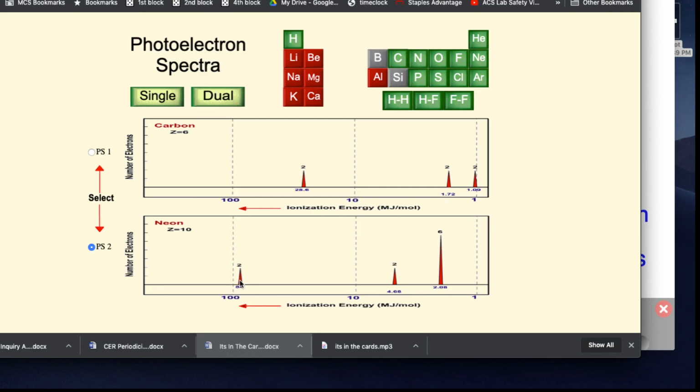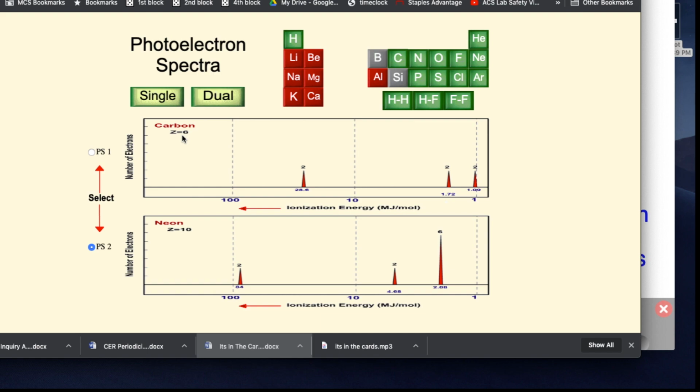Yes, it has 2 electrons in it, but can they explain why this particular one has a stronger pull on electrons than the carbon? Neon has 10 protons, Z is 10, and carbon only has 6. So the number of protons definitely has an effect, according to Coulomb's law, on how much energy it takes to remove those electrons.